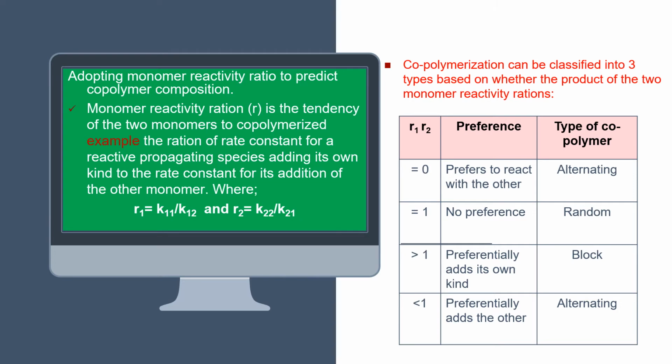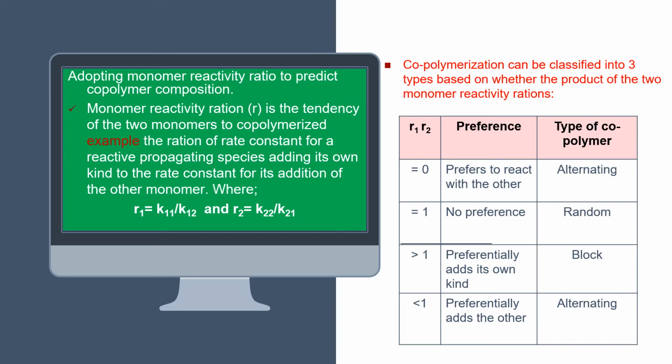To predict the copolymer composition, we can adopt the monomer reactivity ratio, which is the tendency of the two monomers to copolymerize. Copolymerization is classified into three types based on the product of the two monomer reactivity ratios.